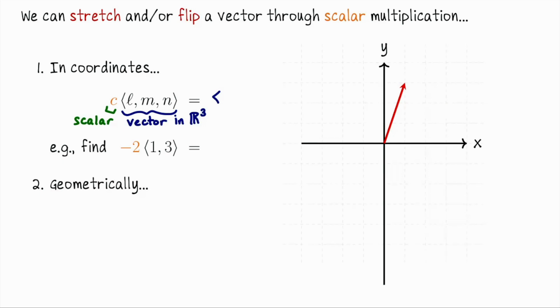So the first coordinate, the x coordinate, would be c times L, the y coordinate would be c times M, and the z coordinate would be c times N.